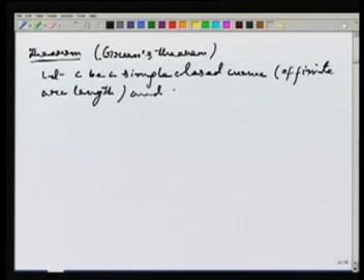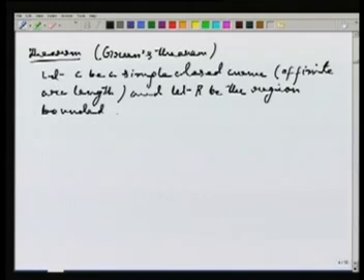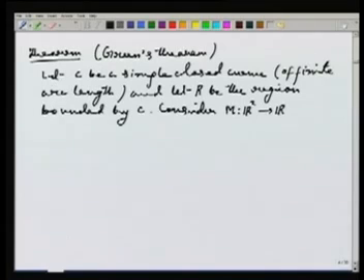And let R be the region bounded by C. Consider two functions M from R2 to R. Here what I mean is Green's theorem on the plane, that is, C is a simple closed curve in R2.